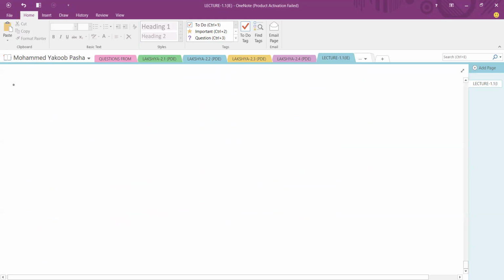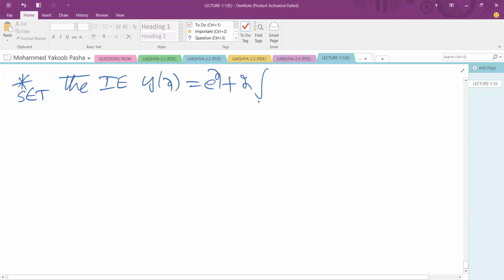The integral equation y of x is equal to e to the power x plus 2 into integral 0 to 1 of... I'm sorry, here we have e to the power of x minus t into y of t dt.